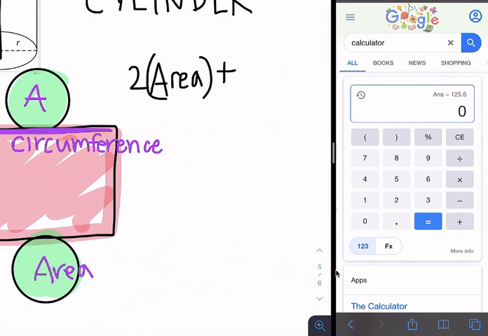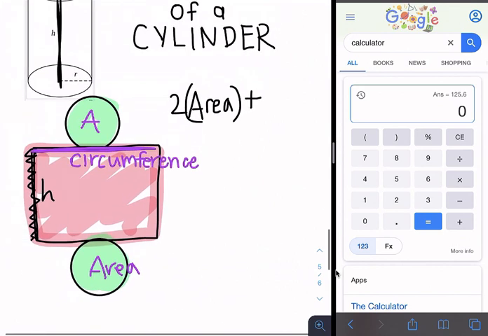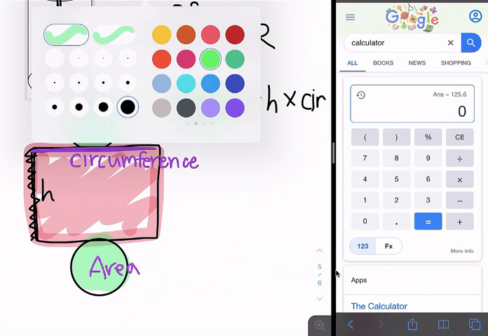Plus, we need to find the area of that rectangle, which is the same as the height times the circumference. So we have these two pieces that we have to figure out.